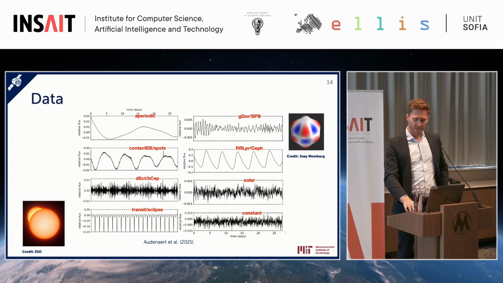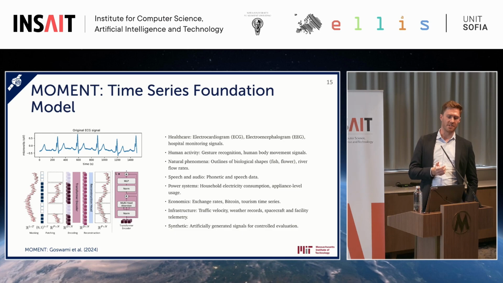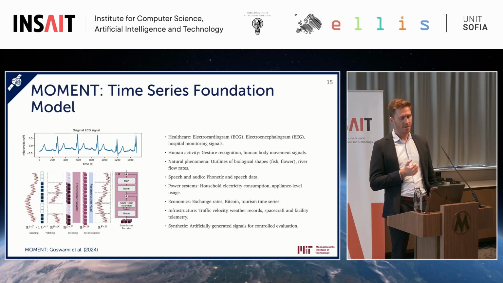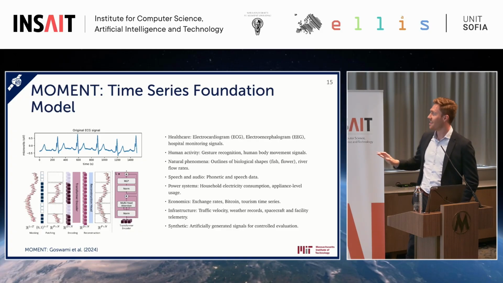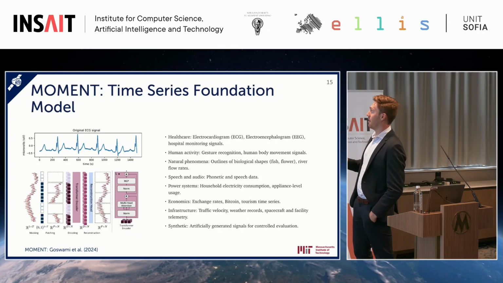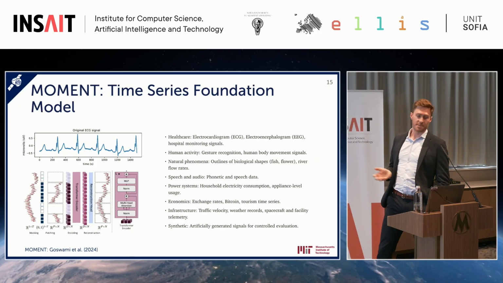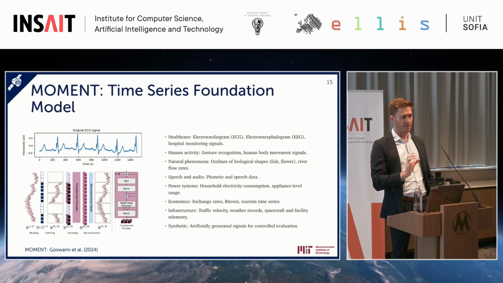One of the things we recently did in this sense was use the Moment time series foundation model. Moment is a transformer-based time series foundation model, and it was trained on all types of non-astrophysical data: for example, ECG signals, human activity, together with some space data from atmospheric sensing, I think it was. But it didn't include any astrophysical data.